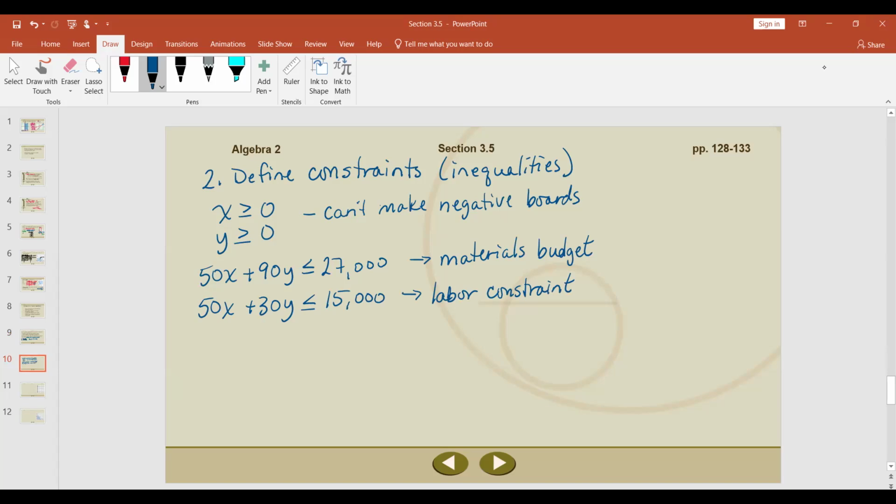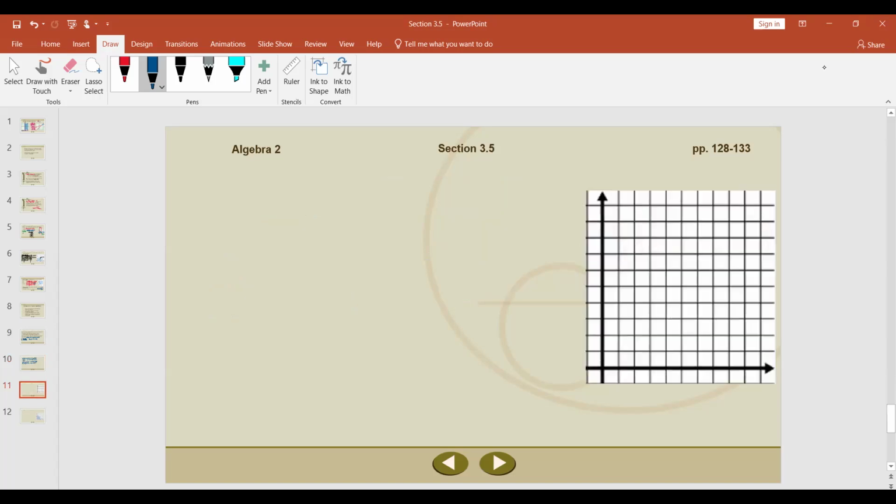Okay, so this gives us our constraints. Just double check. Okay. So we have those, and now we need to graph the constraints. So this is step 3. Start with red.